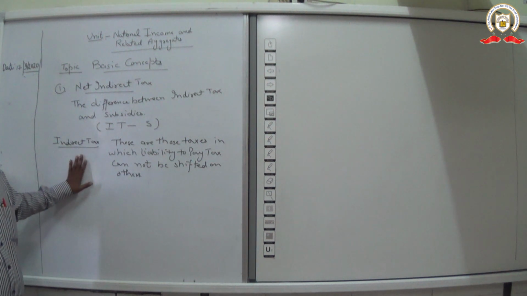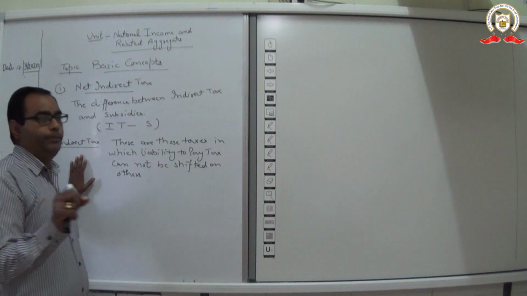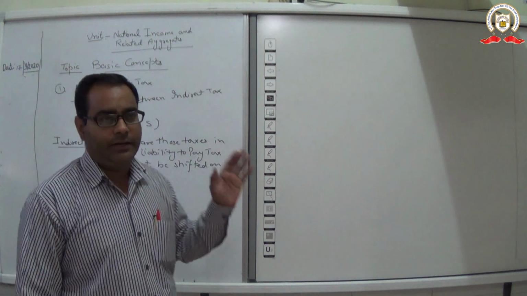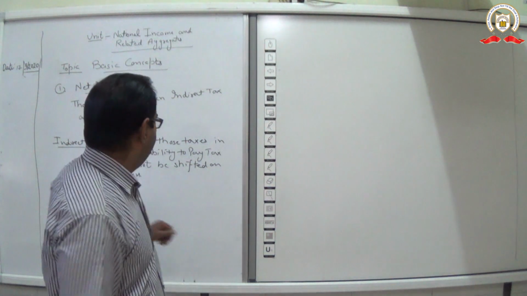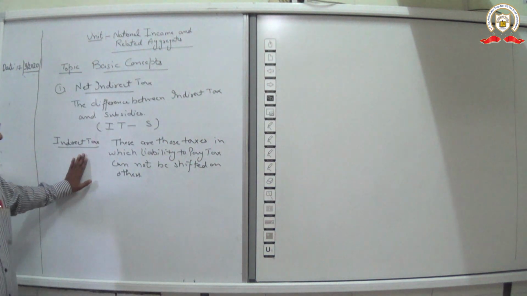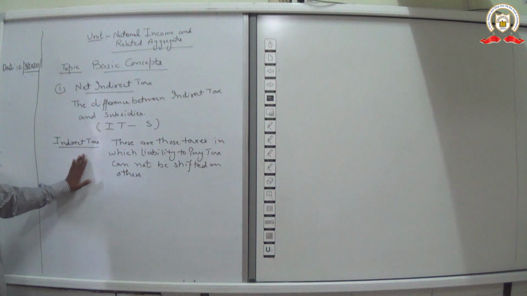So these are those taxes in which the person on whom the liability to pay tax is imposed is responsible for making payment of taxes. In that case, the liability to pay tax cannot be shifted.